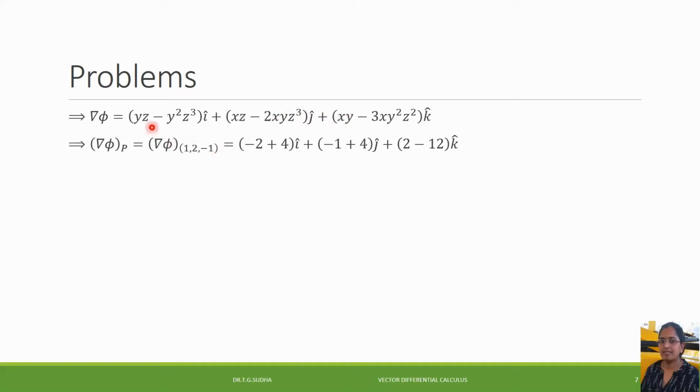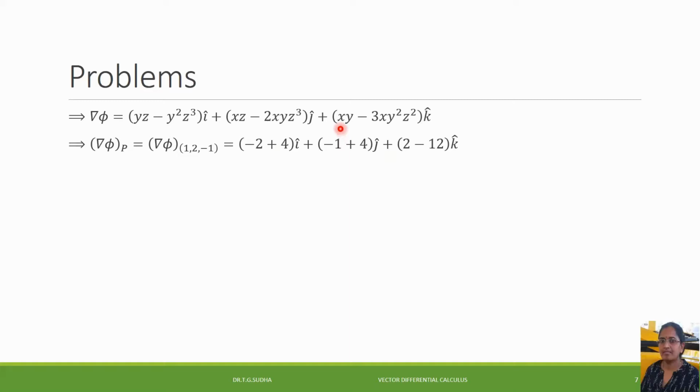So we get y into z, that is 2 into minus 1 gives us minus 2, minus y square is 4, z cube, that is minus 1 cube is minus 1. So minus 1 into 4 into minus 1 gives us plus 4 into i, plus xz, x is 1, z is minus 1, so we get xz minus 1, minus 2 into x, that is 1, into y, that is 2, 2 into 2, 4, then into minus 1, we get minus of minus 4 gives us plus 4, that is j.